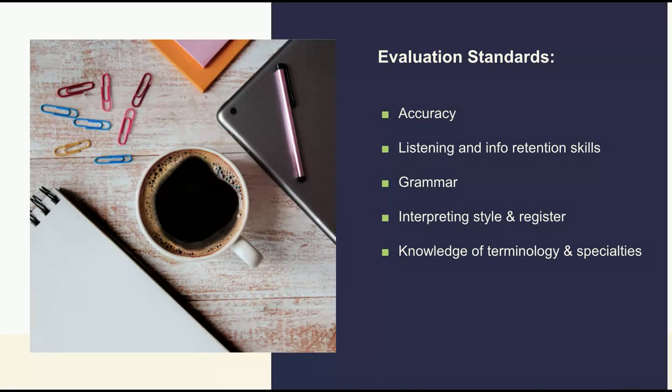Number 4, interpreting style. Displaying consistently good enunciation, intonation, and pronunciation, as well as a courteous and professional demeanor, while retaining the original register. Register is a variety of language used for a particular purpose or in a particular social setting, the level of formality chosen by the speaker.